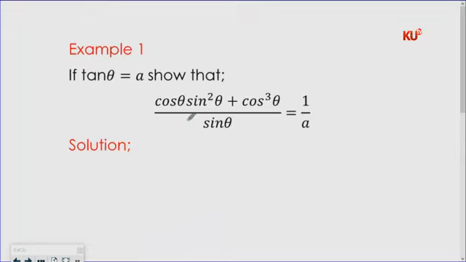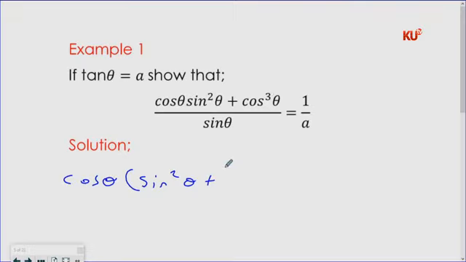As you can see, we have sine squared here, we have cos cubed here. We can say, let's factor out cos. So I'll have cos theta into brackets. I've taken this cos theta outside. I'm left with sine squared theta plus, remember we have cos cubed theta here, but I've taken 1 outside, so I'm left with 2.